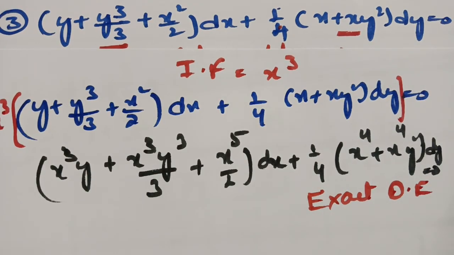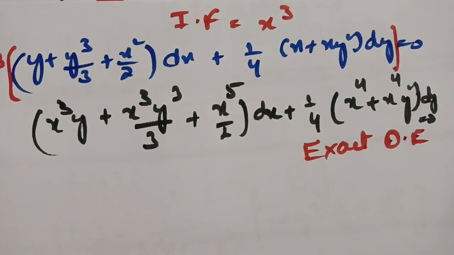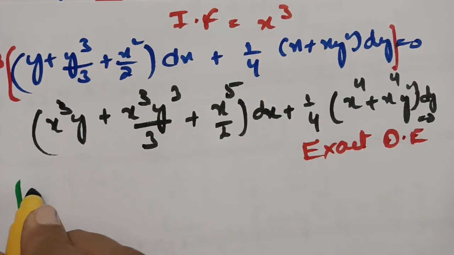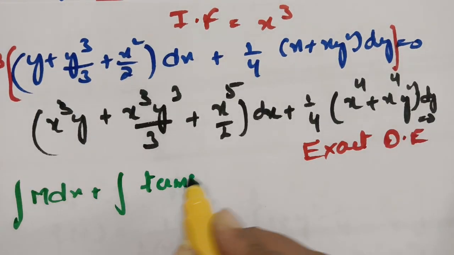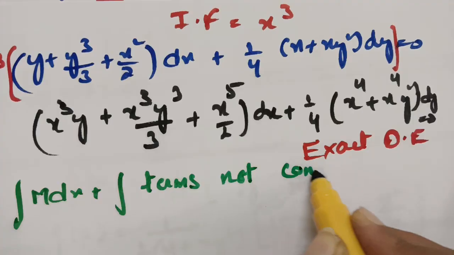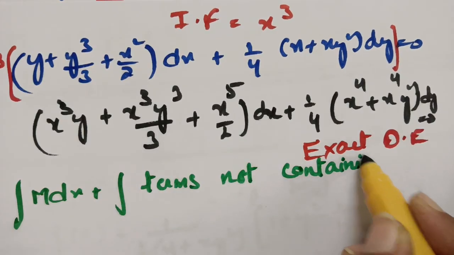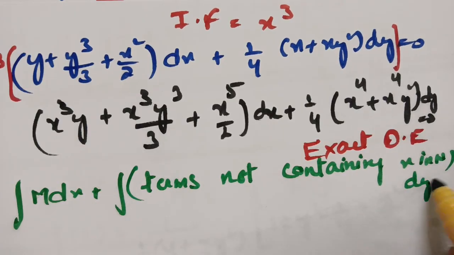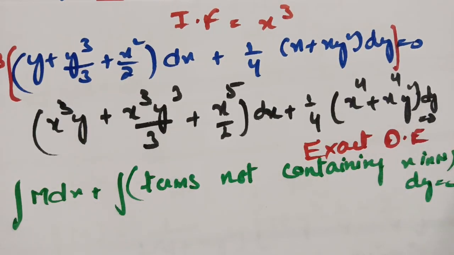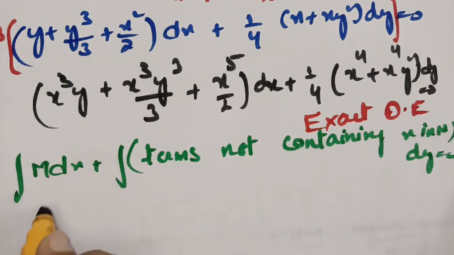If it's an exact differential equation, what is the solution formula? This is nothing but integral M dx plus the terms not containing x in N dy is equal to c. So here I'll see what are the terms not containing x.